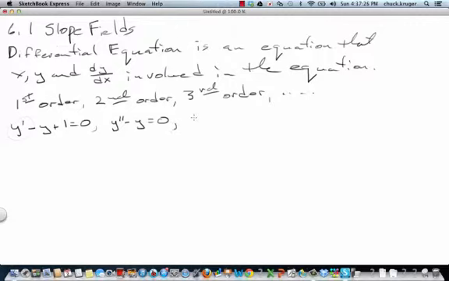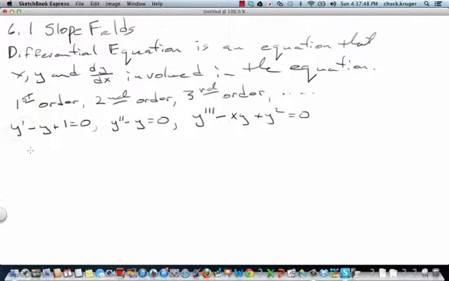I'll throw in x on this one. So for the third derivative, you would have the third derivative minus, let's say, xy plus y squared equals 0. All those are differential equations: first order, second order, third order, and obviously as I take more and more derivatives, I can get fourth order.